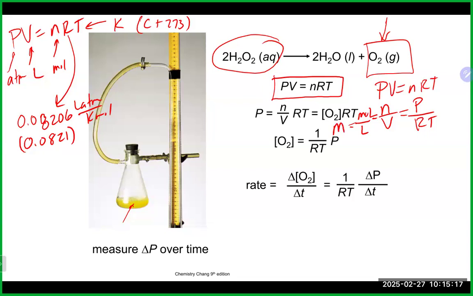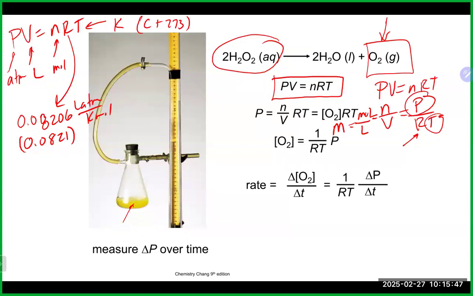So you could use the ideal gas law, and all you would have to measure is pressure. Temperature would probably be the same in that experiment because you're not changing temperature. R is a constant. So this is a very simple way to measure the change in pressure over time, and then use the ideal gas law to convert that into how the concentration is changing over time.